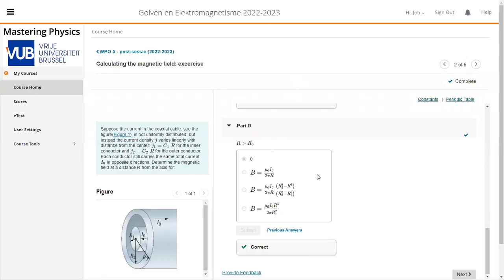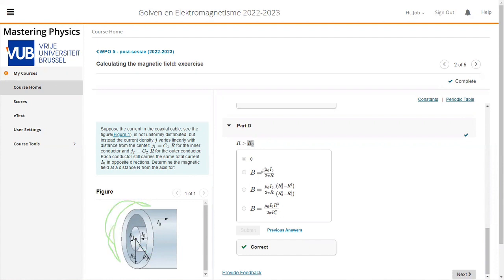Basically, for part D, they say where is R3, so R3 is here, from this one. Then you have R much greater than R3, so it's basically outside where there is no magnetic field.